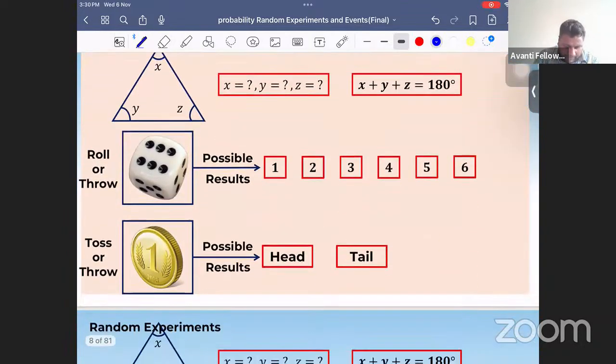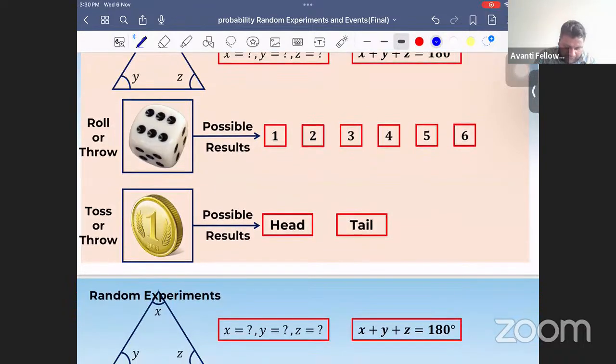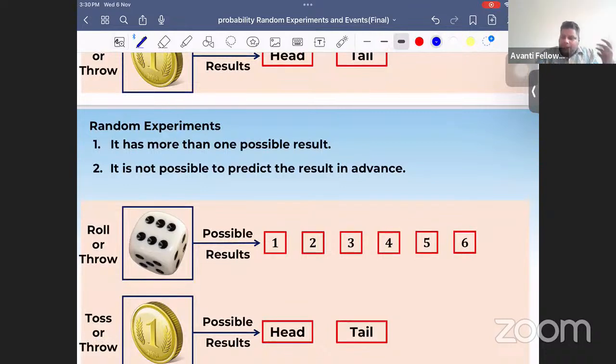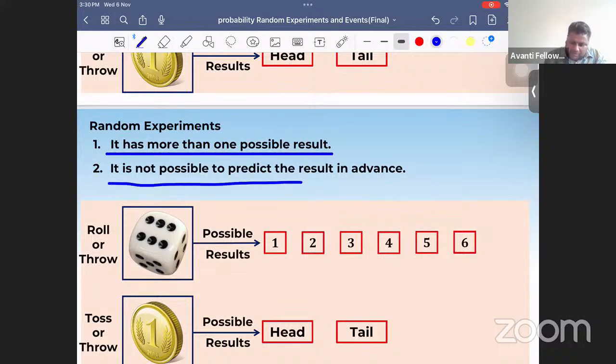So possible results are 1, 2, 3, 4, 5, 6. So a random experiment is an experiment which has more than one outcome or result, and it is not possible to predict the result in advance. Means there is always some uncertainty.